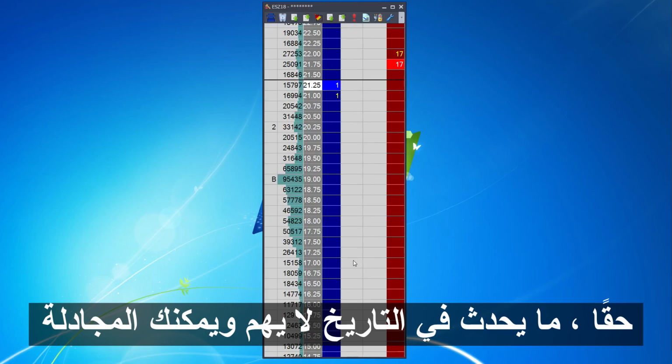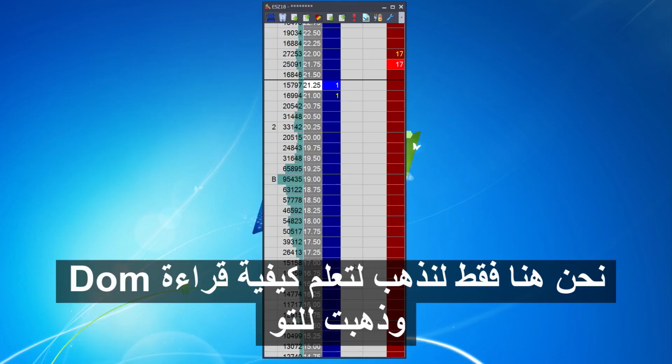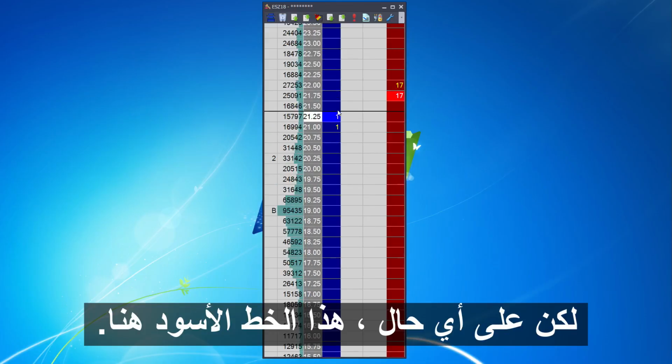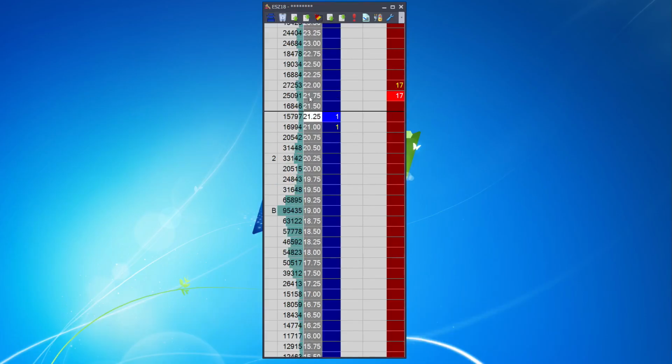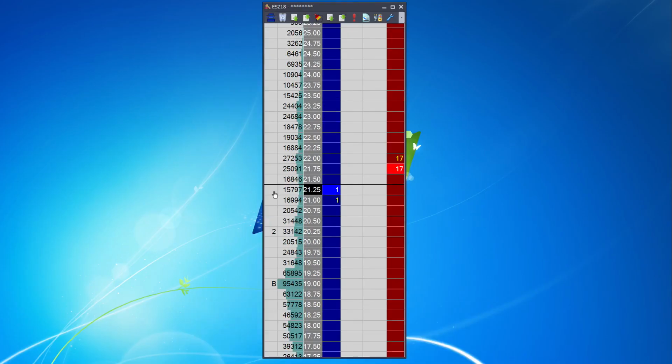Really, what happens in the history doesn't matter. And you could argue with me, and I agree and disagree with what I'm saying, but that doesn't matter. We're here just to learn how to read the DOM, and I just went off on a tangent. Anyways, this black line right here, this is just the center line, so I'll recenter.